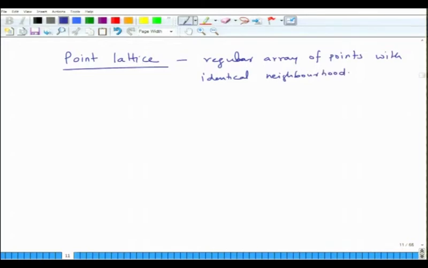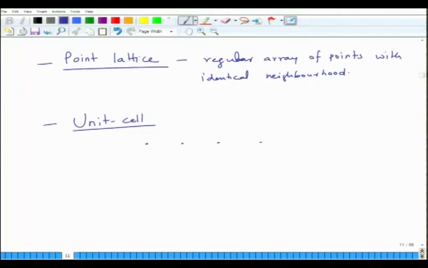Then we defined within the point lattice, you can define a unit cell, right. Unit cell is defined as the smallest repeatable unit which can be translated into the lattice without creating any gaps. Okay.